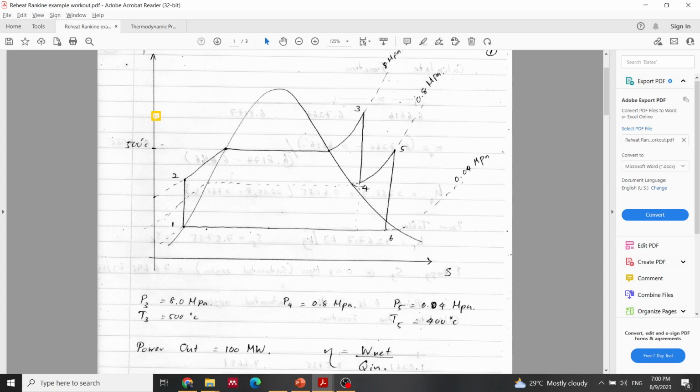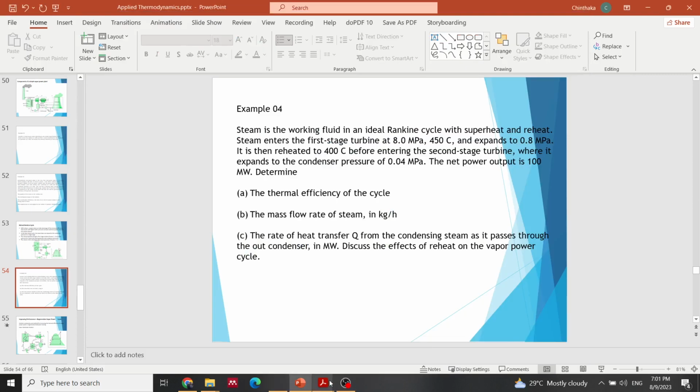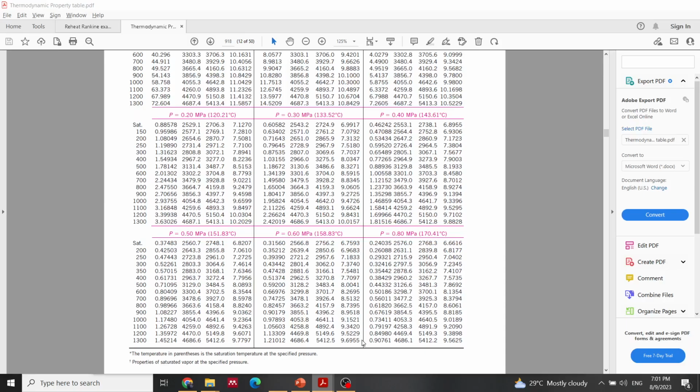So we need to find H4, and the pressure is 0.8 and it is in the superheated region. Therefore we consider the superheated table, and pressure is 0.8. The saturated S value we get from the saturated table as well, the same 6.6616, and the next one at 200 Celsius we have 6.8177.